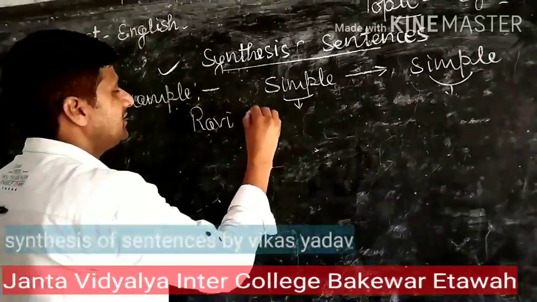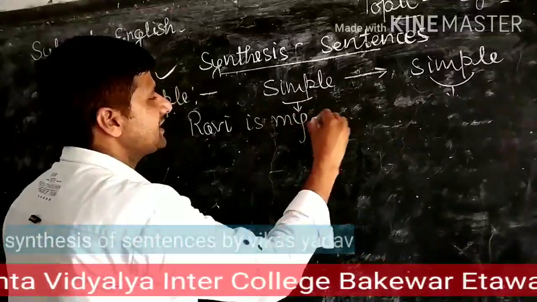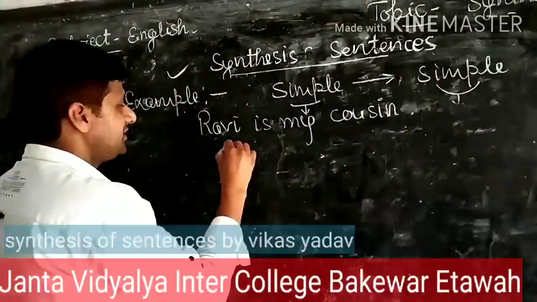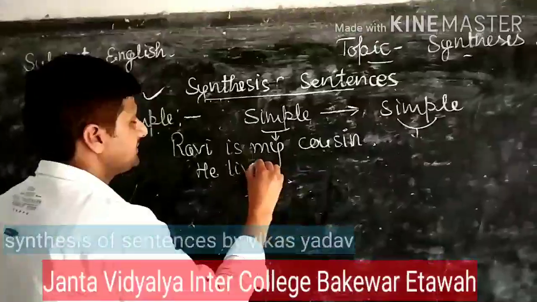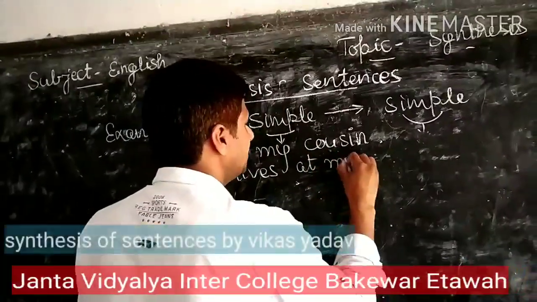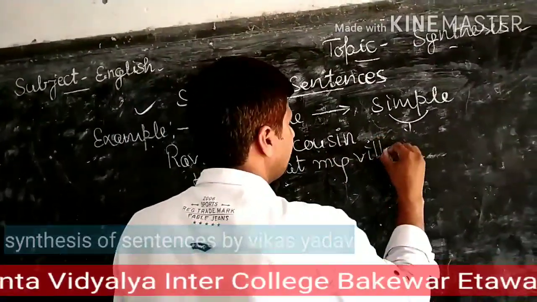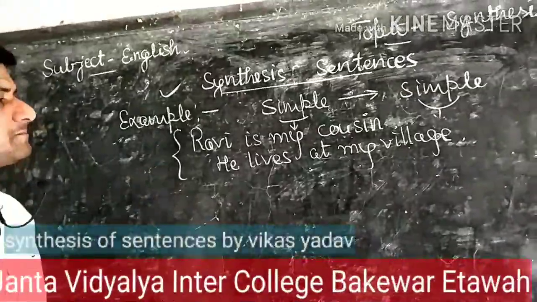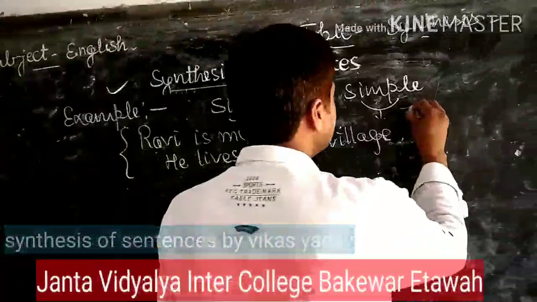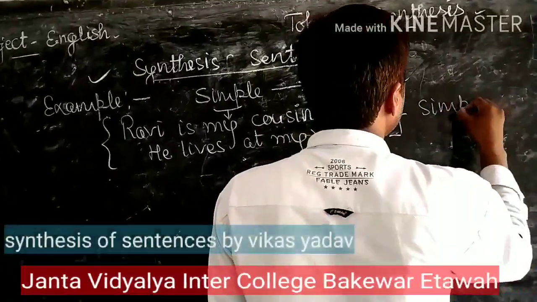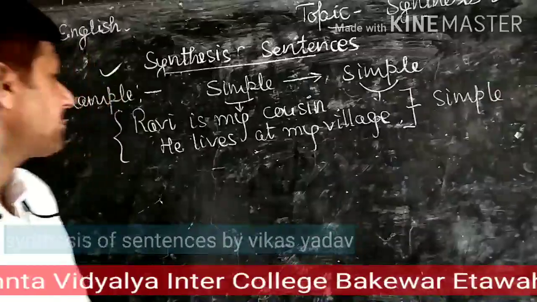Ravi is my cousin. He lives at my village. These two sentences are given to us and we are asked to make a new simple sentence from these two simple sentences.